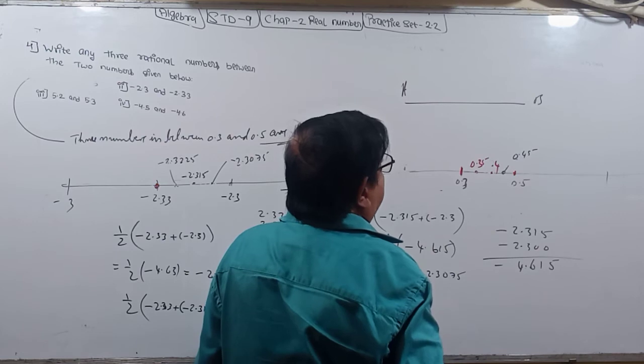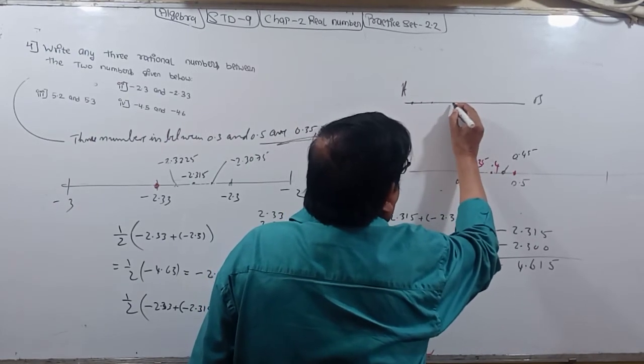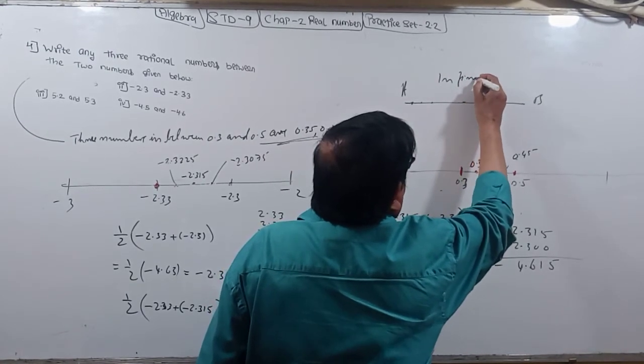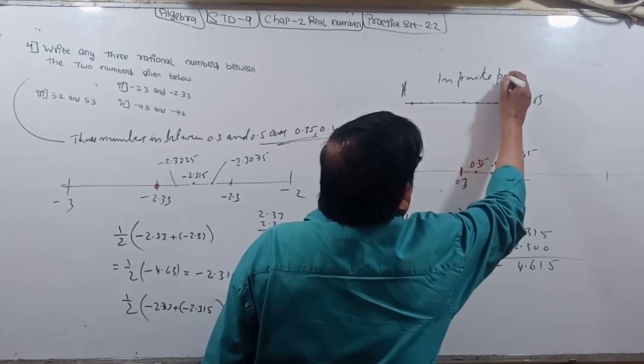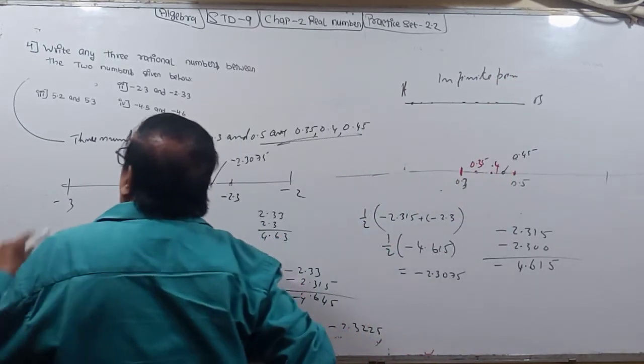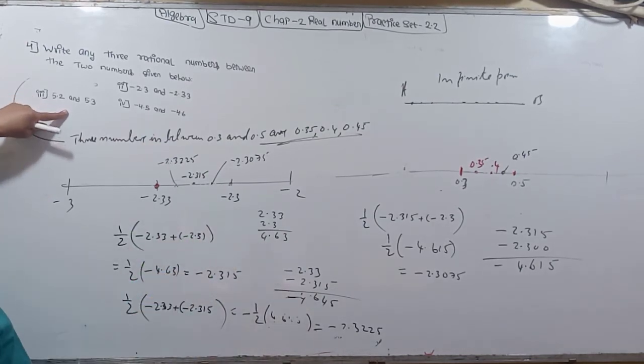Any point between A and B can be here, here, here. Infinite points are there. Actually, you can plot infinite points between any two numbers. So now I will not use this method, I will tell you.